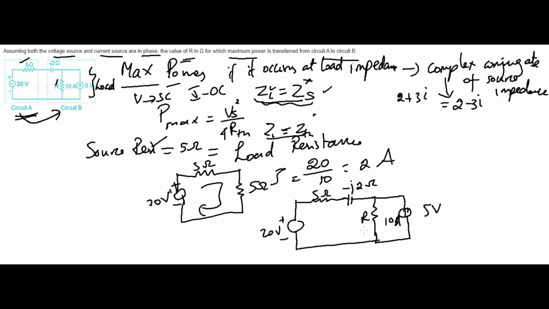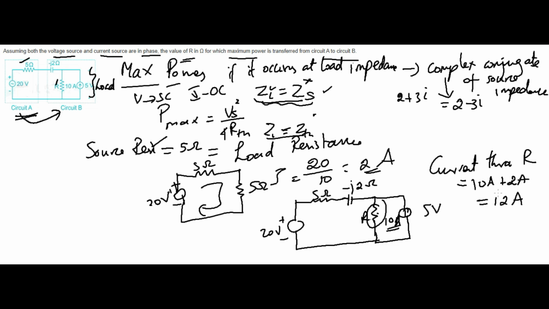Now the current through R. You already have 2 amps, and here 10 amps is available, so you can simply add these two currents: 10 amps plus 2 amps equals 12 amps.